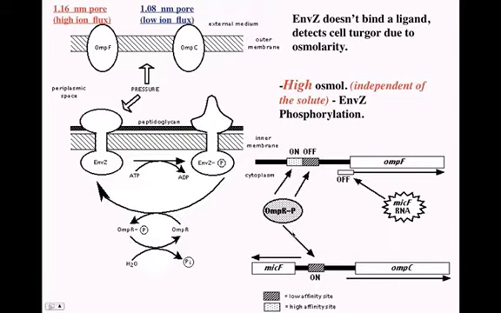On the other hand, when OMP-R phosphate is at low concentrations, you don't tend to get transcription of OMP-C. What's shown here is that there's a single site where OMP-R phosphate can bind at this locus. We'll talk about MYC-F in a minute, but if OMP-R phosphate binds to this site, it will turn on the transcription of OMP-C and MYC-F.